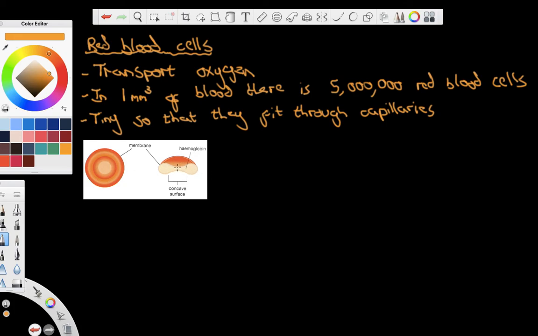They get very, very thin to the middle and much wider to the outside, so that we can say that they have a biconcave shape, and this is important because it increases surface area. So they have a biconcave shape which increases their surface area.